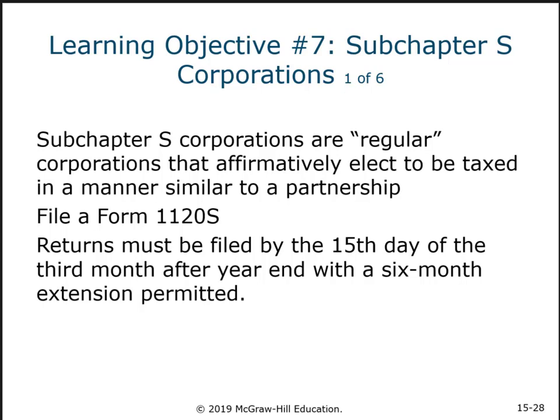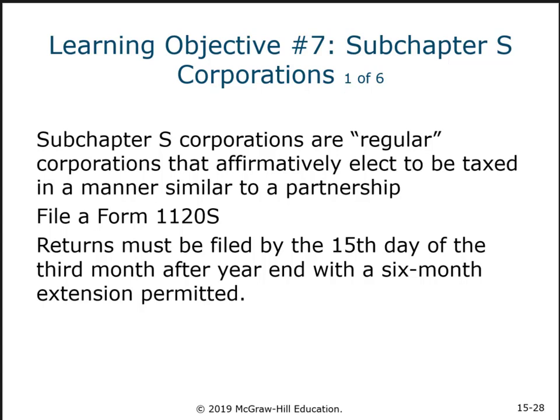Probably more common than the C corporation is an S corporation. They follow the same formation rules that we talked about, the same 80% rule in terms of having no gain on contributing money to the corporation. An S corporation is a corporation that has elected; they have to send in a form. You do not become an S corporation automatically.